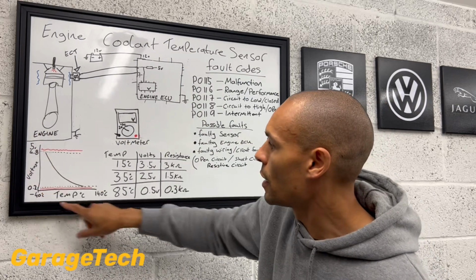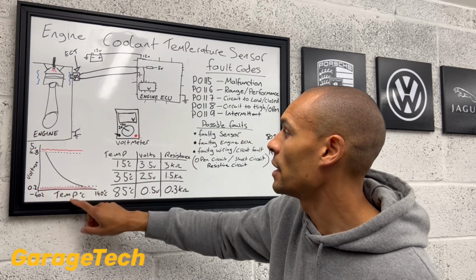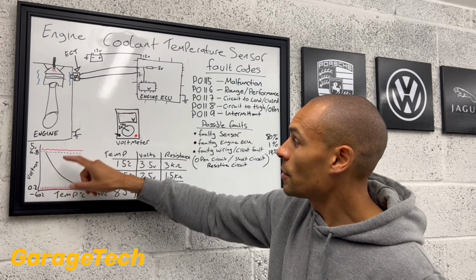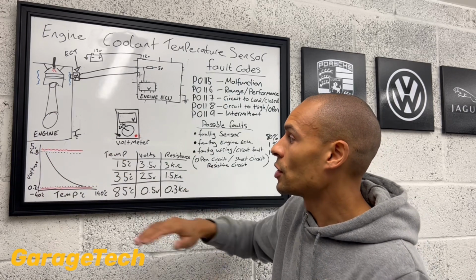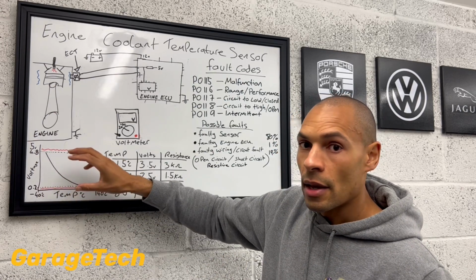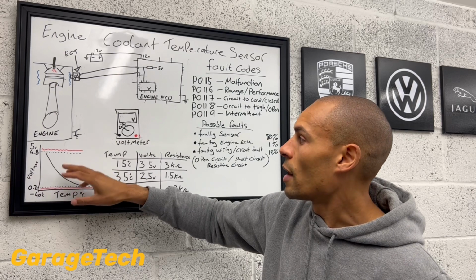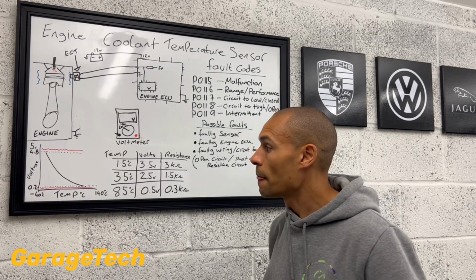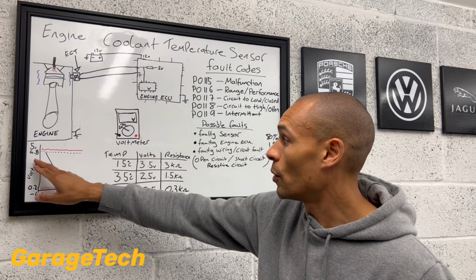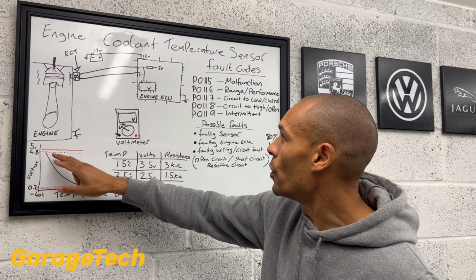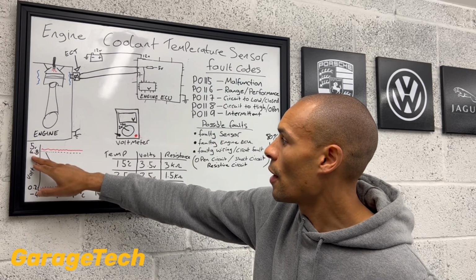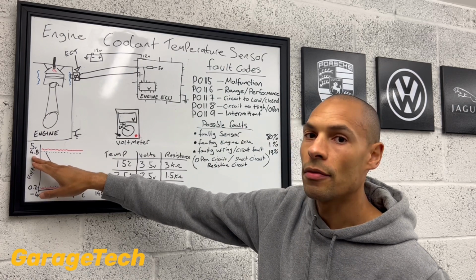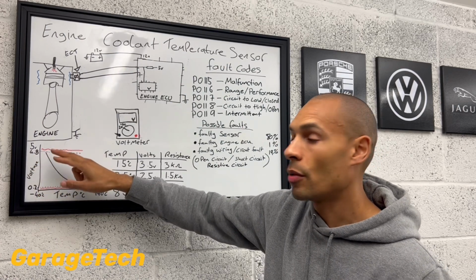So this is a link to this kind of graph down here. So I've got 5 volts, and then typically you've got some sort of parameter range. Depending on the engine or ECU manufacturer, it may be slightly different, but in this example, it will know that if the voltage is over 4.8 volts, then the circuit voltage has gone too high.